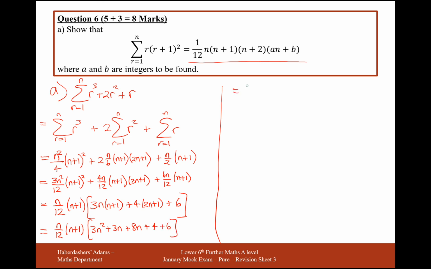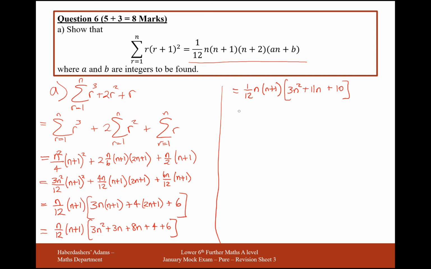And simplifying this, we're going to get 1 over 12 n plus 1 times by 3n squared plus 11n plus 10. Okay, so I'm thinking a 5 and a 2 if we factorize this.